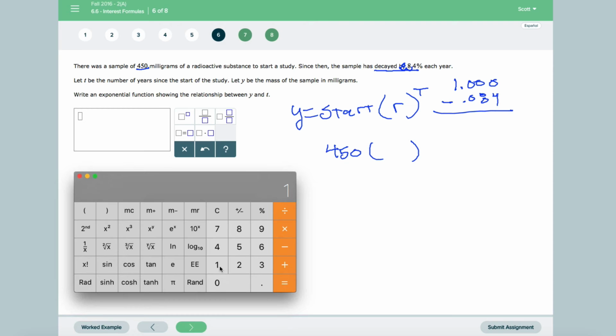I'm going to take 1 minus 0.084. 0.916 is my answer, and that's what goes here. 0.916 raised to the T power. And there we are. That's my answer.